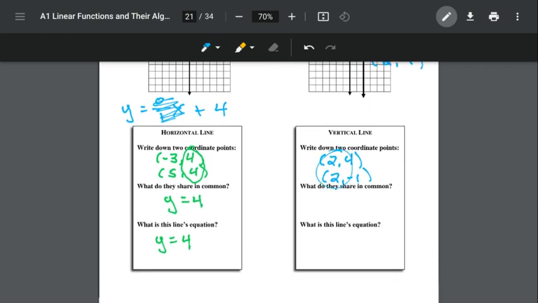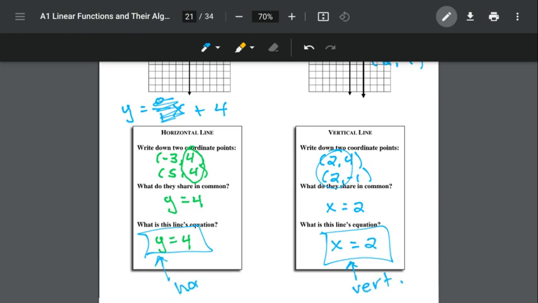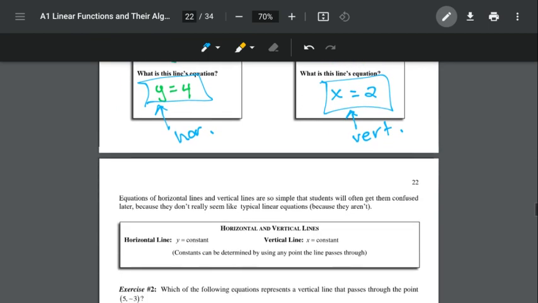Well, in this case, their x values match. So this is the really weird line. What's the line's equation? X equals 2. Really weird. So x equals is a vertical line. Y equals makes a horizontal. Okay, let's go to the next page and see how this works.